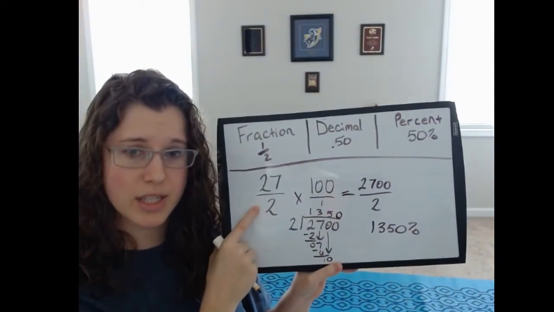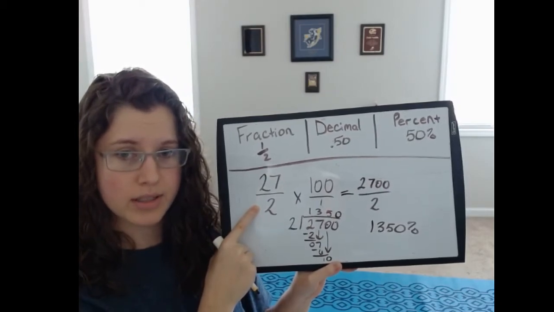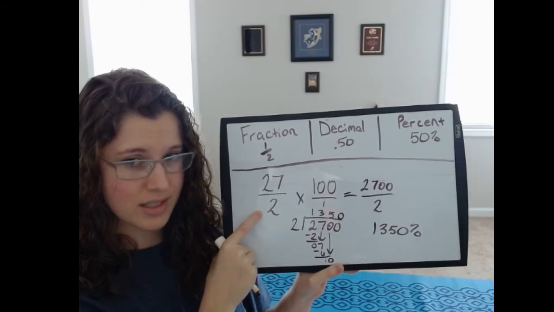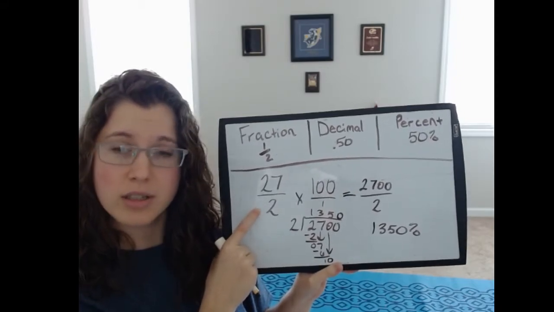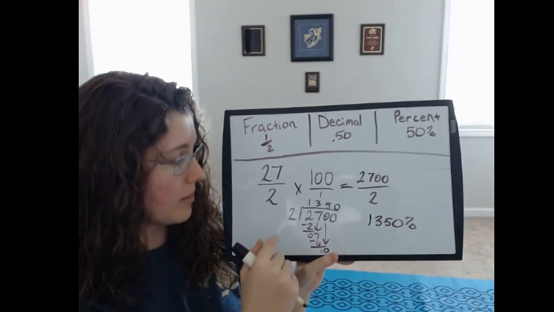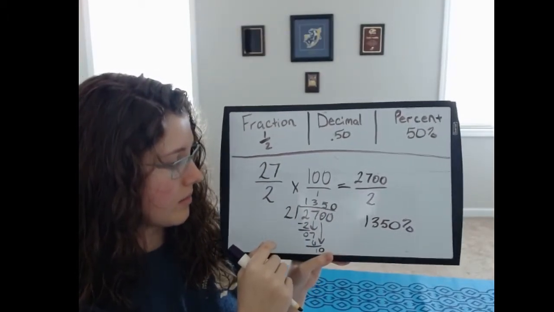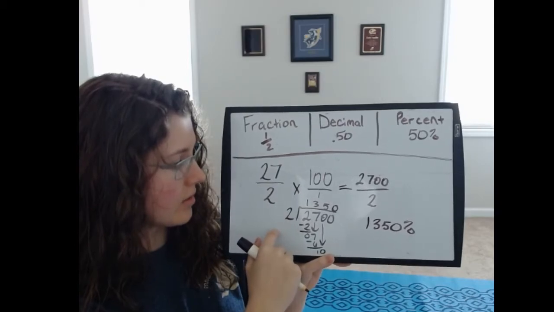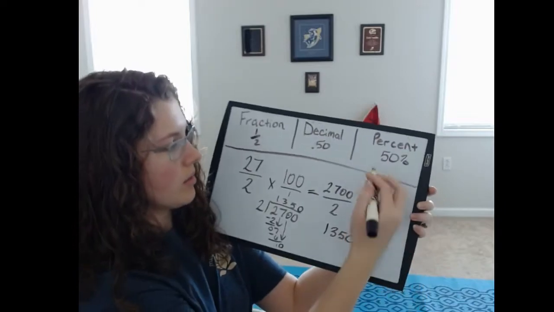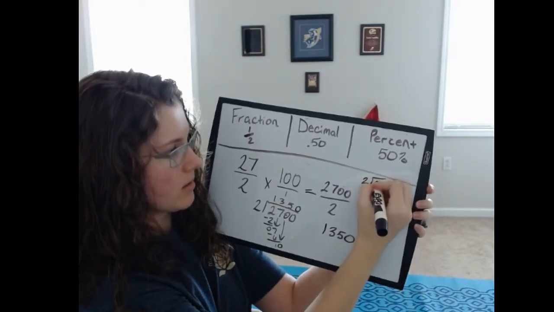This number is definitely improper, meaning your denominator is smaller. So if I wanted to look at this in mixed number form, I do the same thing, but instead of having 2,700, my mixed number would look like this.